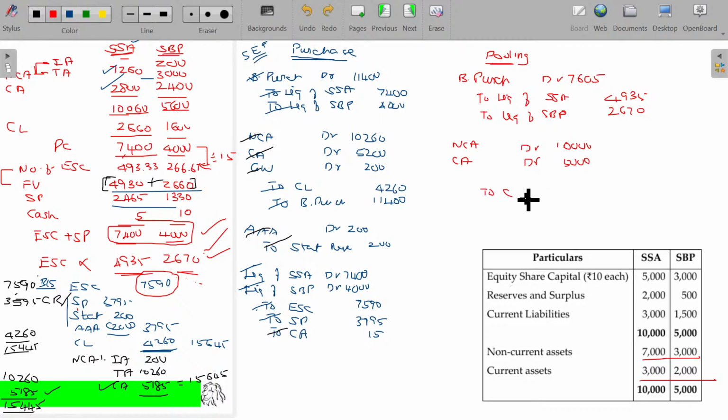Current liabilities, 4,500. To reserves and surplus, 2,500. To business purchase, 7,605. Find out if there is any balance.